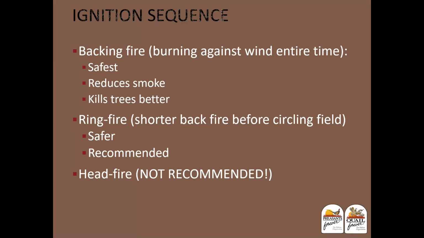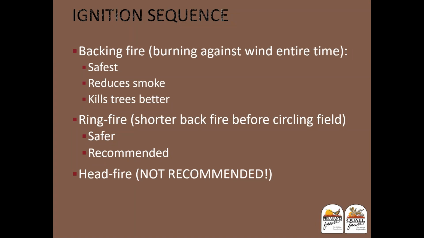So diving into some ignition sequences here. I always like backing fires. They are by far the safest. They reduce the smoke, and they kill trees better because you're going to have some heat on the source a little bit longer. A ring fire is a safe one. It speeds up the process a little bit, and essentially what you're doing is burning everything into the center.